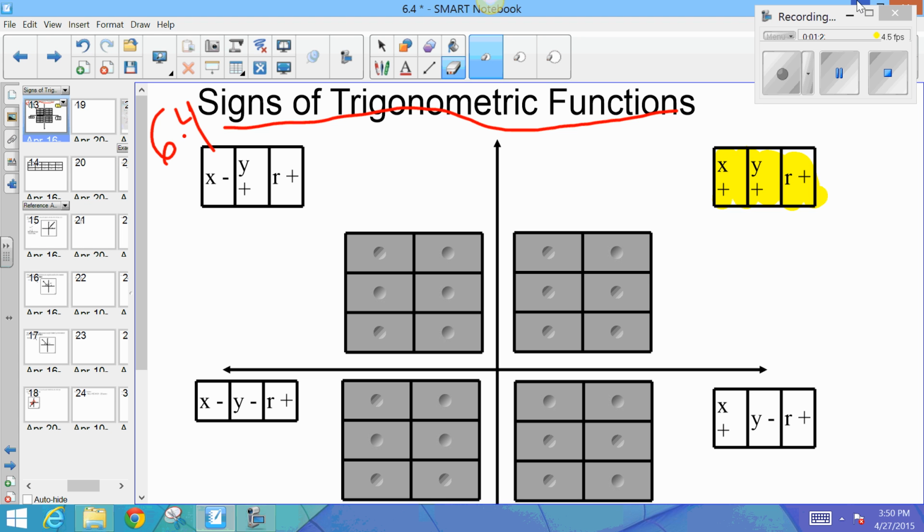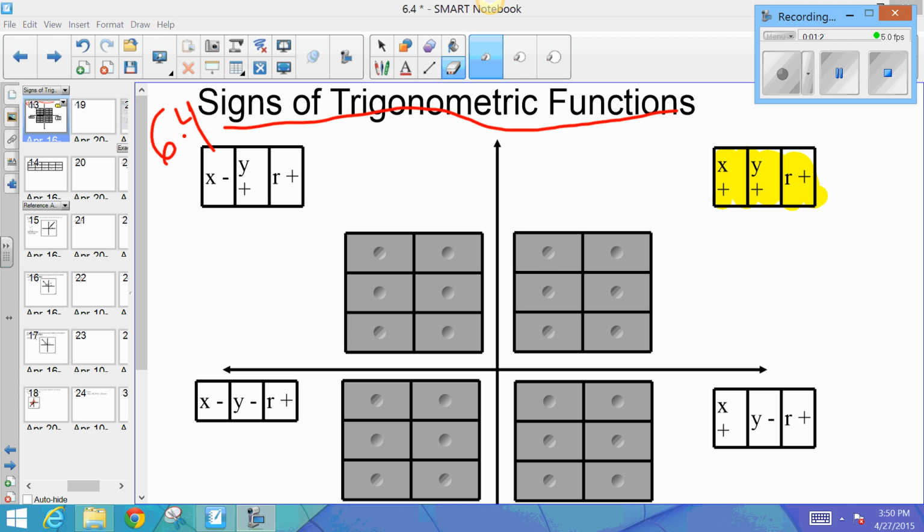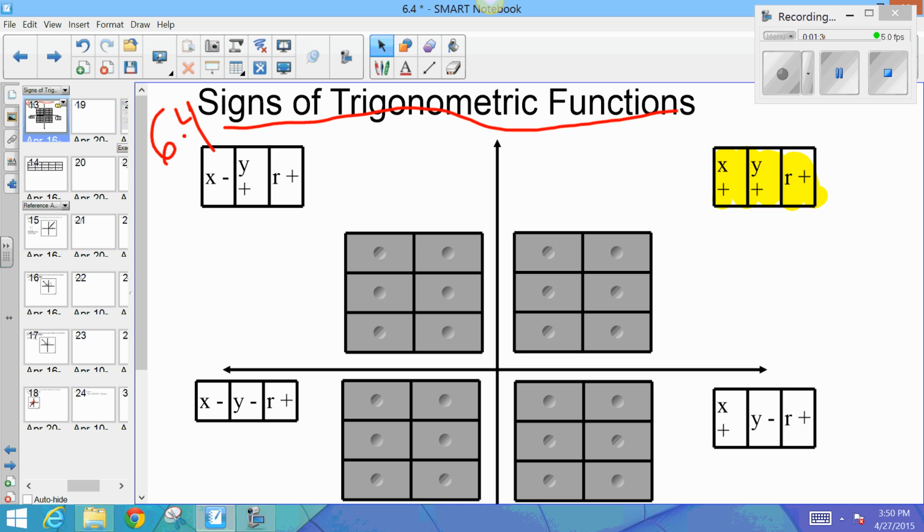Well, what that means is that no matter what combination of x's, y's, and r's, the answer will always be positive. So positive divided by positive is positive, okay, no matter what. So all 6 trig ratios are positive in quadrant 1.